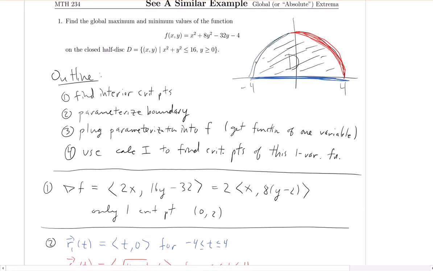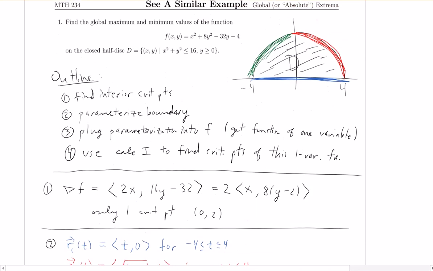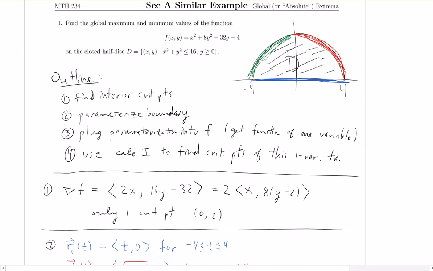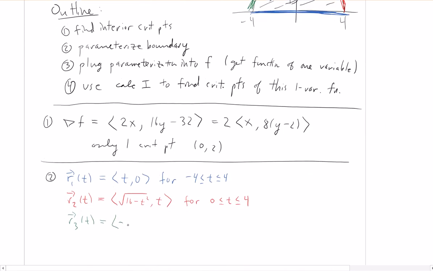And then the left edge we'll color green. I'll parameterize that as R3. It will be almost the same as R2. As you can see, it's just a reflection. So it's going to be the same, but with the x-coordinate being negative.